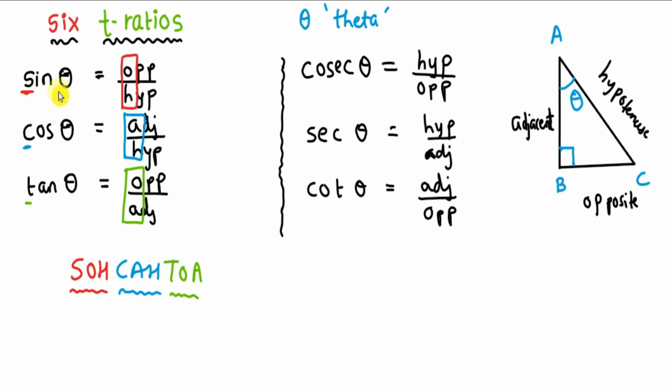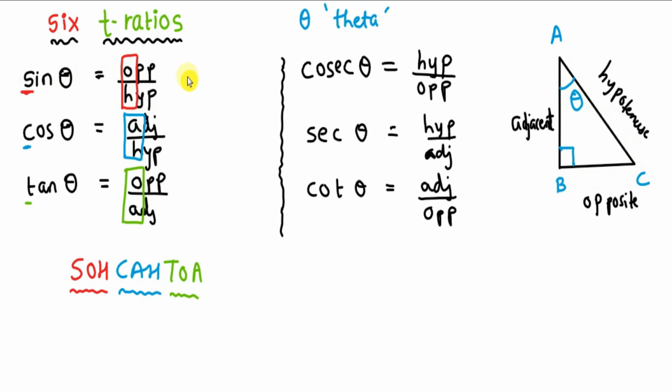If you want to get sine ratio of angle theta, that is sine theta, its opposite side upon hypotenuse side of angle theta, whichever is the reference angle over here along with sine, its opposite side and its hypotenuse side. So here in the figure, theta's opposite side is BC and its hypotenuse side is AC.